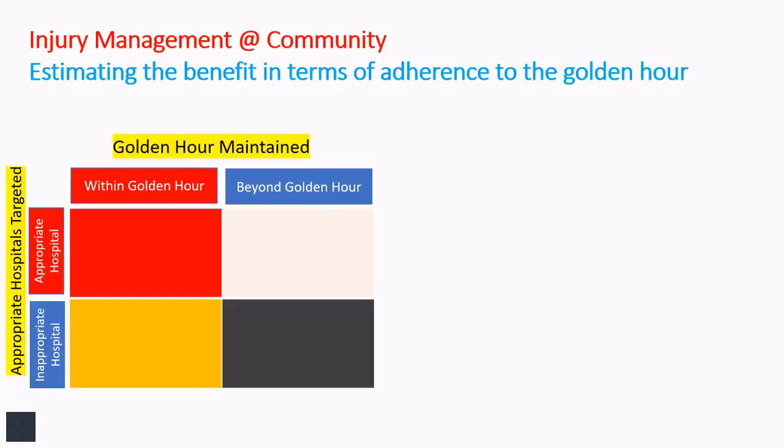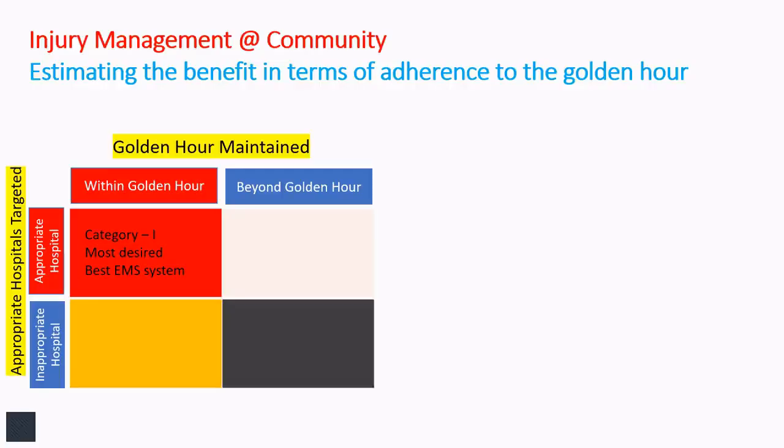If we look at the quadrants, the very first quadrant is the appropriate hospital, with all the cases managed within that golden hour. This is our category one, and this defines the most desired EMS system that could ever be. If all the injury cases are managed within this quadrant, that means they are going to the appropriate hospital based on the type of injury, and all the cases are managed within the golden hour period.